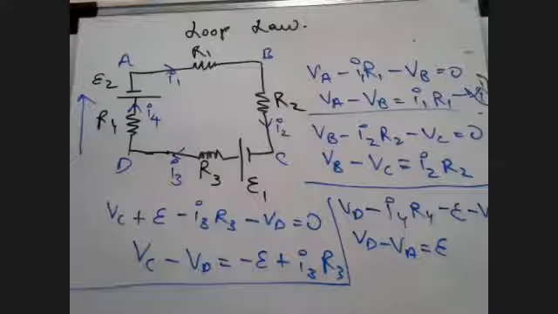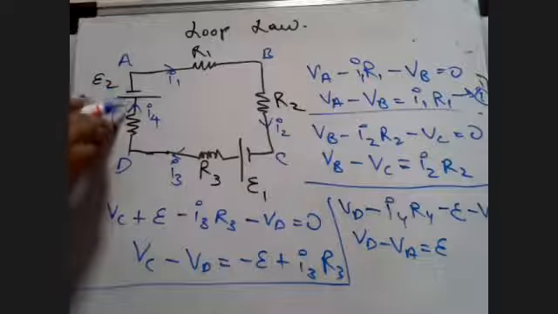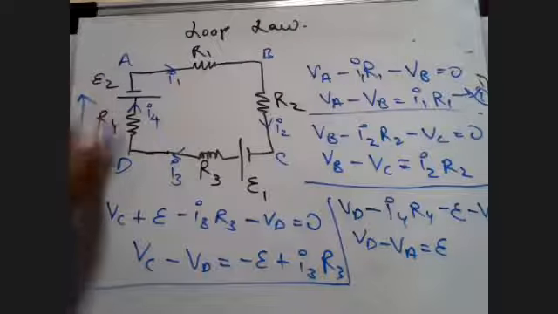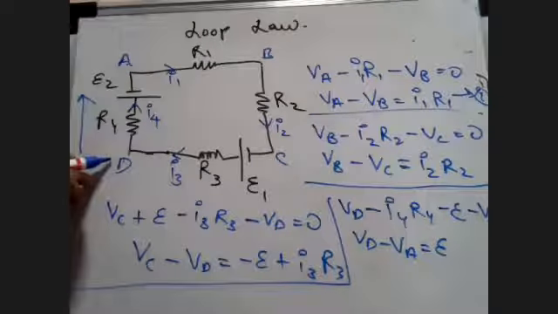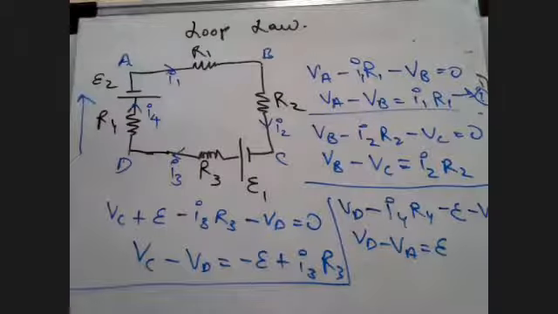So VD minus VA is going to be what? Oh, yes, there's a small mistake. I4 over here will be in which direction for this branch? Can anyone tell me for this branch how I4 was supposed to be?